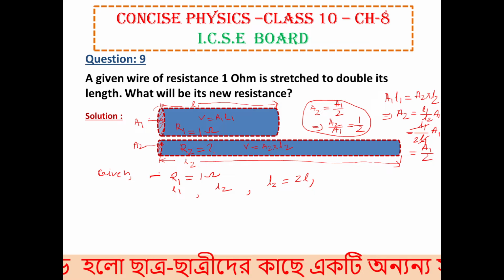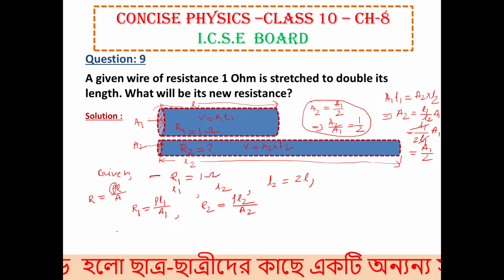Now we know a formula for finding the resistance: resistance equal to rho L by A, where rho is the specific resistance of the material, L is the length, and A is the cross section area. So we can write R1 equal to rho L1 by A1, and resistance of the second position R2 equal to rho L2 by A2.